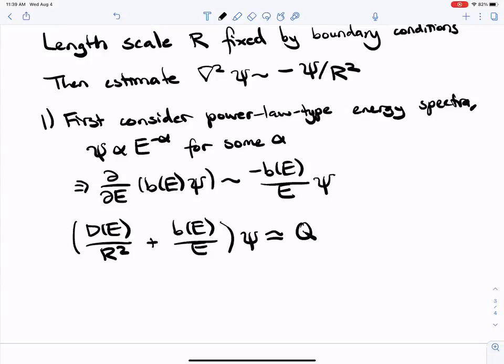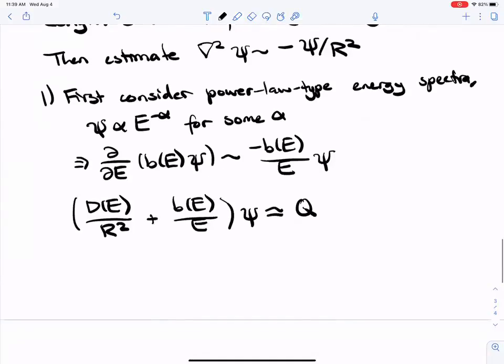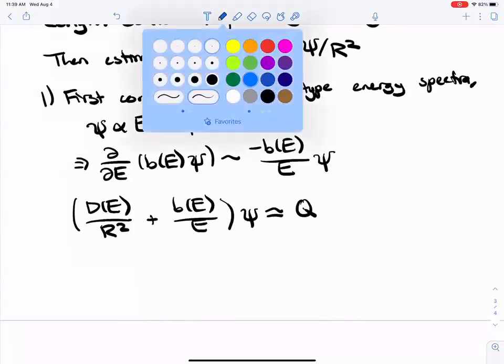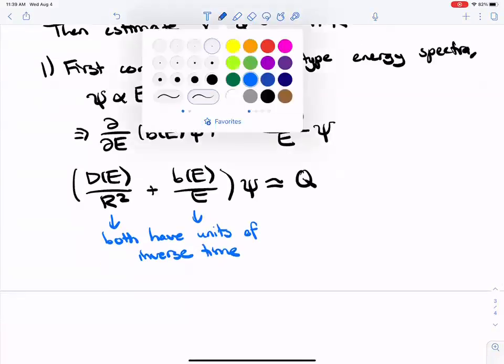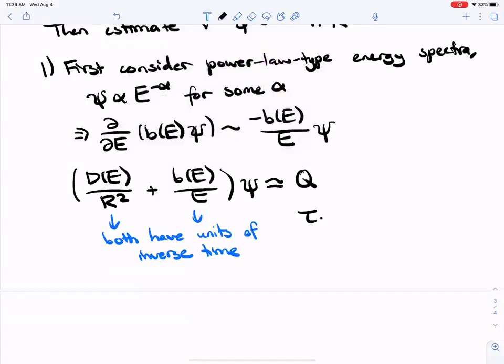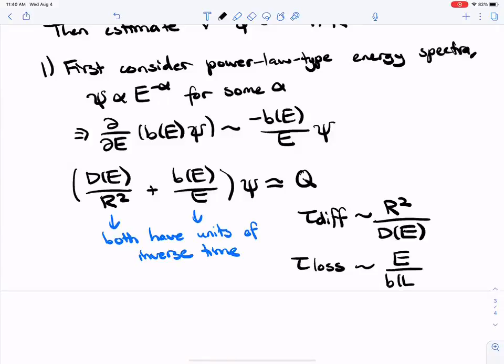Now let's understand what's going on here physically a little bit more. These two terms, D of E over R squared and b of E over E, both have units of inverse time. So let's define these as giving us some timescales. The timescale for diffusion is parametrically R² over D, and the timescale for cooling or energy loss is parametrically going to be E over b.